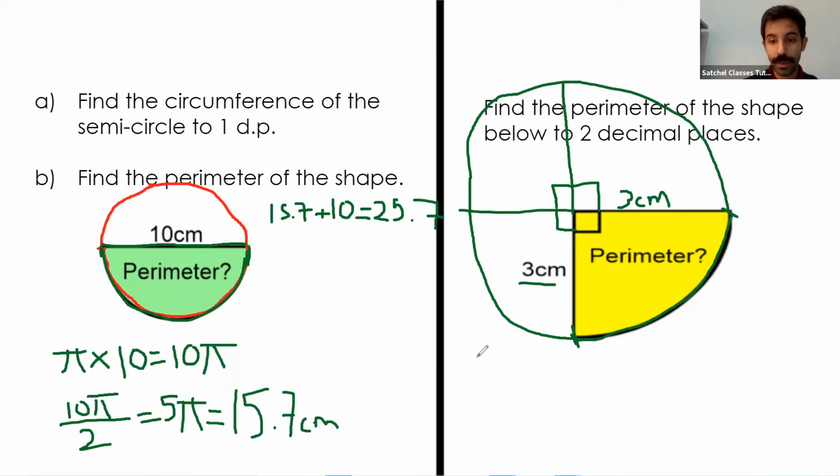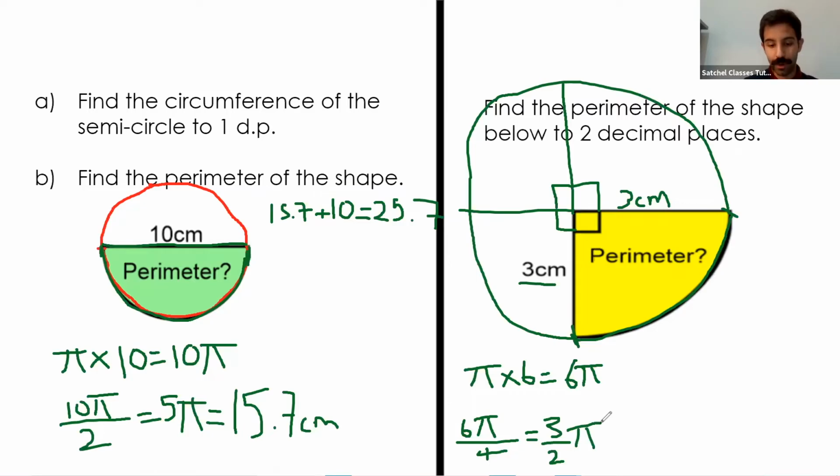So again, what we can do is calculate the full circumference. That would be pi times the diameter, which in this case is going to be 6. So that would be 6 pi. And then if we want a quarter of the circumference, because this distance here is a quarter of the full circumference, we would have to do 6 pi divided by 4, which is going to give us 3/2 pi.